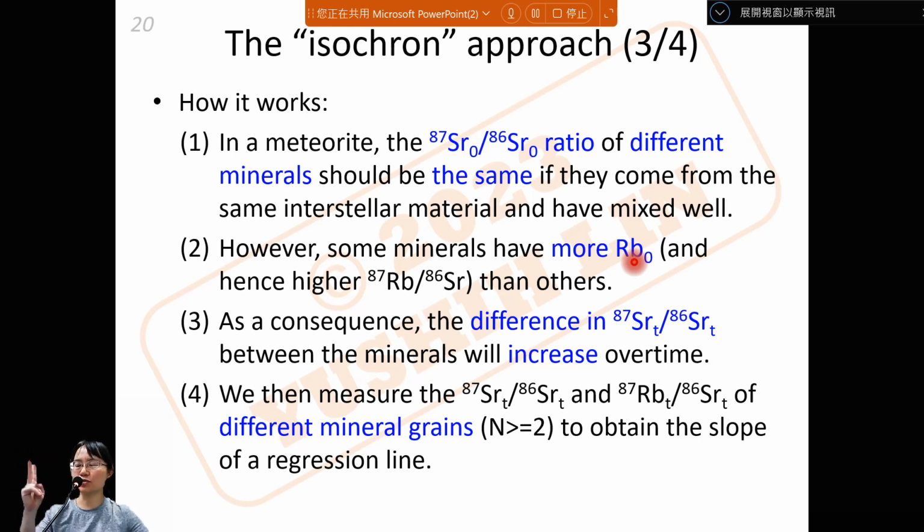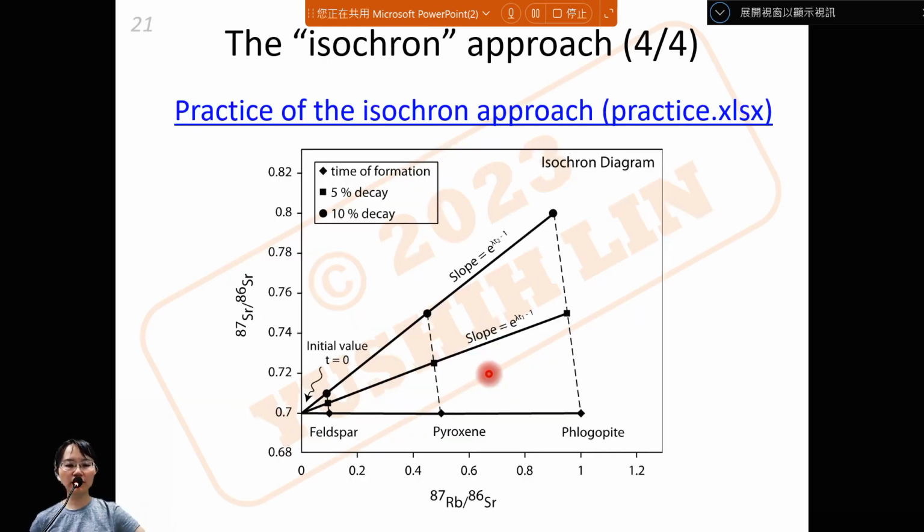I think 2 is too few. You need to find at least 3 different minerals, and these 3 minerals should have different rubidium content so that you can really draw a line. You can obtain the slope. So the slope is what we want. You know this very well, so I will skip this. Very important, 3 different minerals.